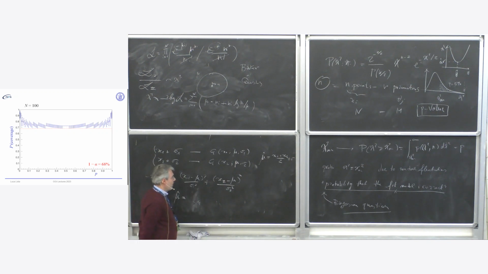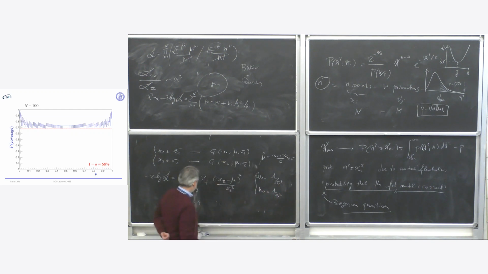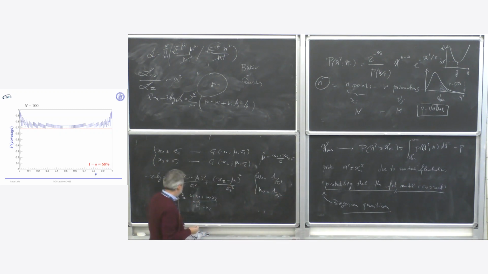We can define a weight W1, which is 1 over sigma 1 squared, and similarly W2. Then I can write this as (W1 x1 plus W2 x2) divided by (W1 plus W2). Okay, this is what we obtain.